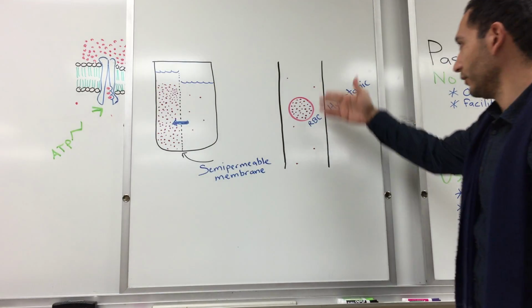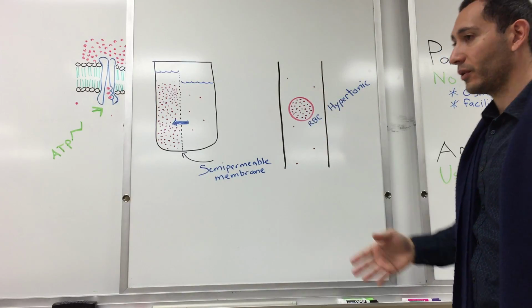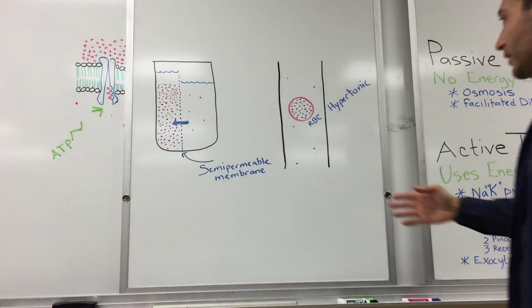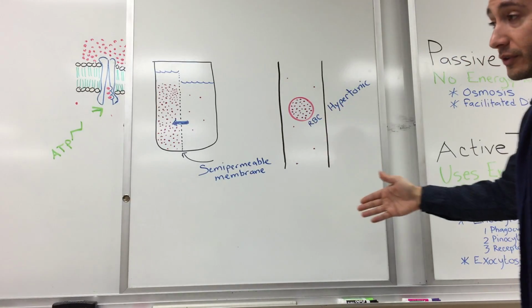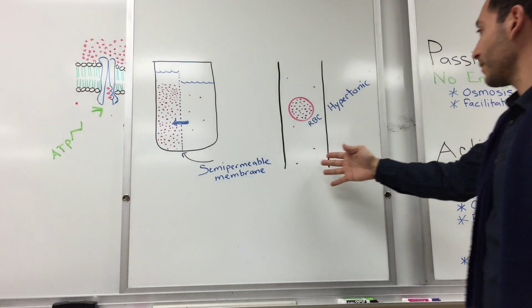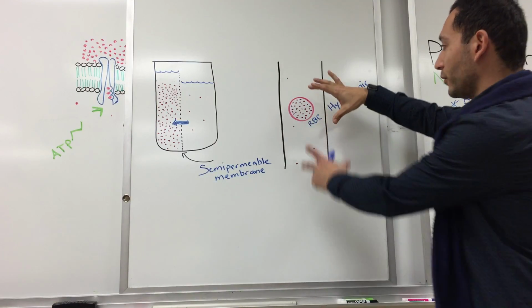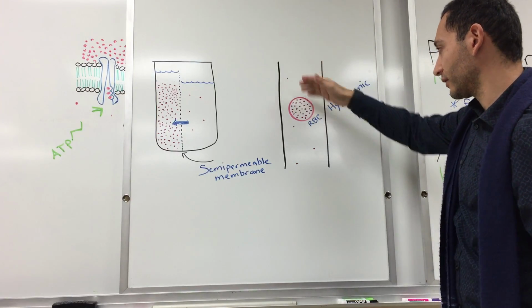Well, you drink something that has a lot less salt than what you would normally have, or some sort of solute inside the red blood cell. If you drink a whole bunch of pure water, for example, or distilled water that has absolutely no solute inside, you would have this sort of scenario where you would have a lot less stuff.